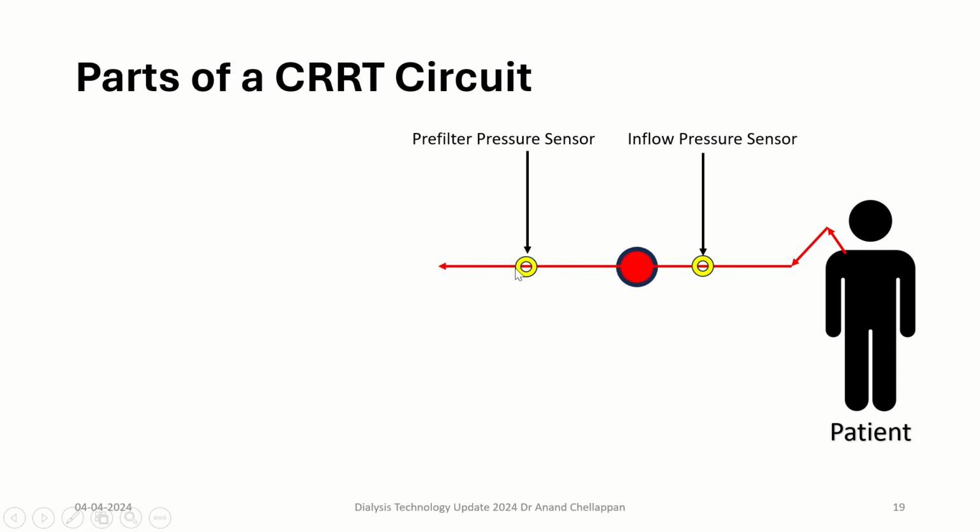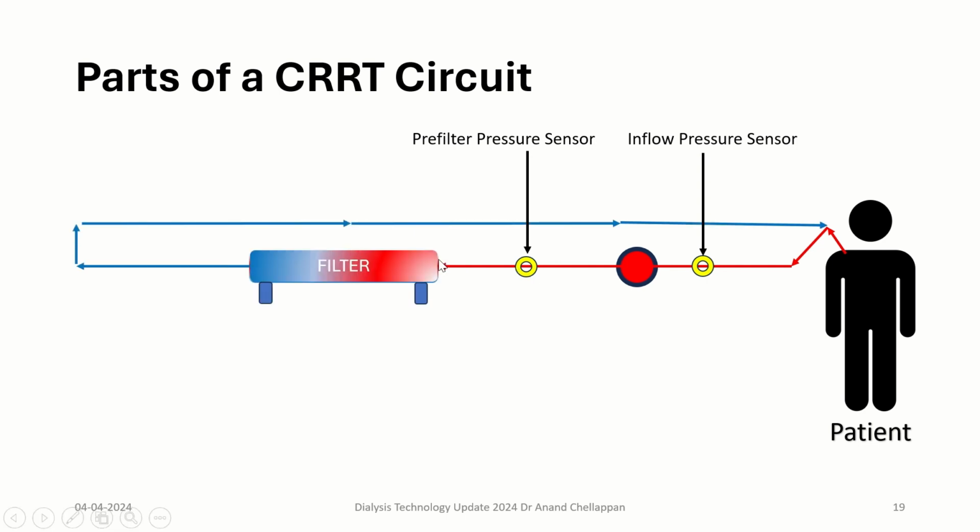These pressure sensors play an important role in identifying changes in pressure in various parts of the circuit, and they give rise to safety alarms. The inflow pressure sensor gives us an idea about the access and also this part of the circuit. And the pre-filter pressure sensor gives us an idea about the filter or the CRRT dialyzer.